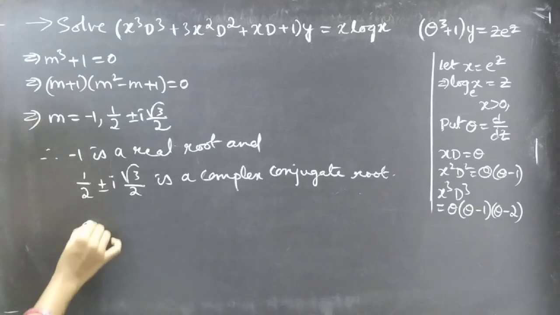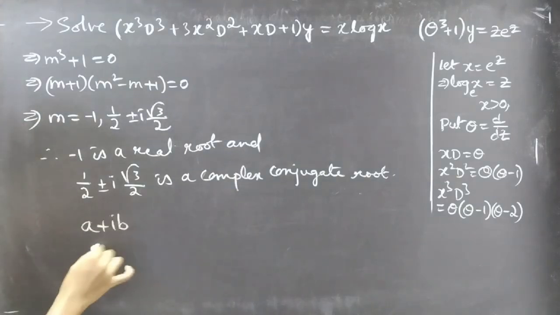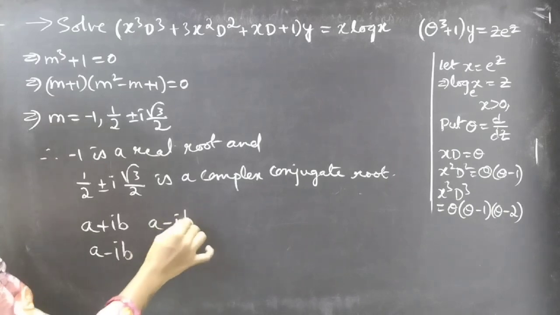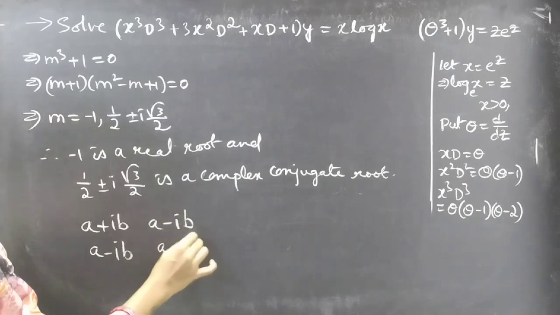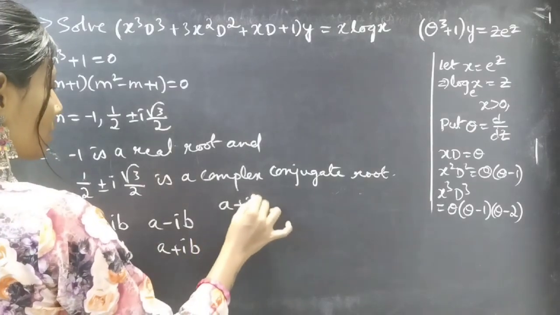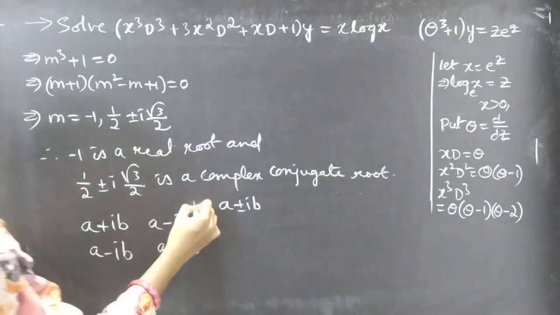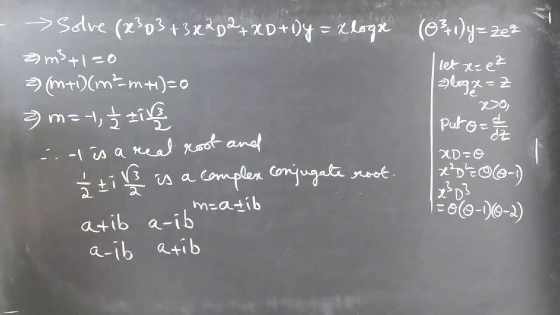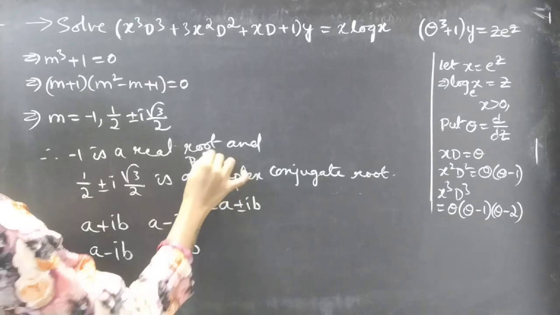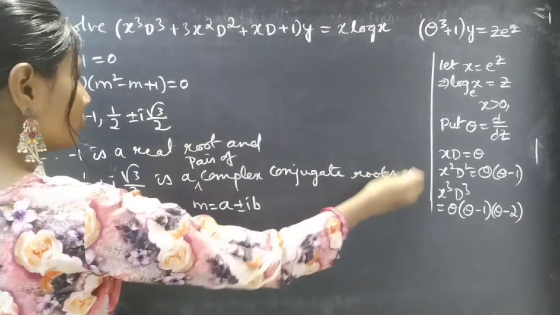We know that when a plus ib is a complex number, its conjugate is a minus ib. Likewise, if a minus ib is a complex number, its conjugate is a plus ib, right? So we'll call a plus or minus ib a pair of complex conjugate roots, right?